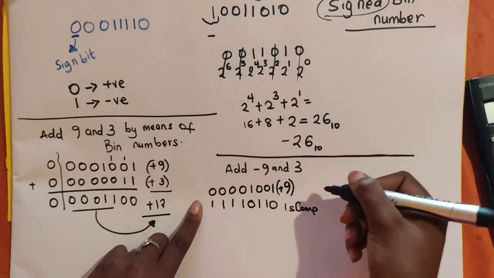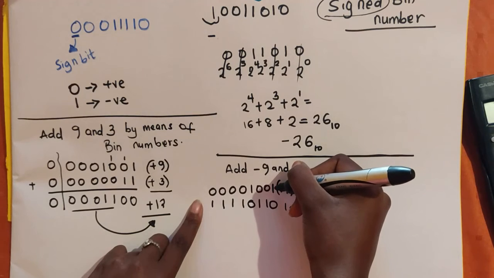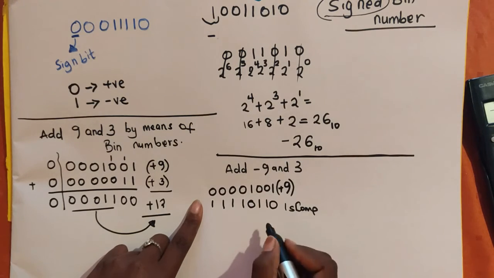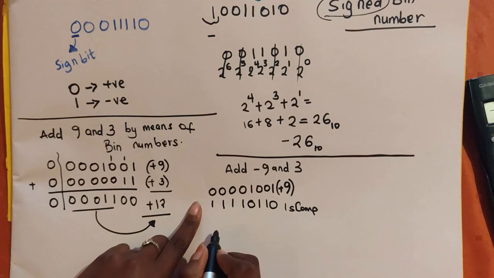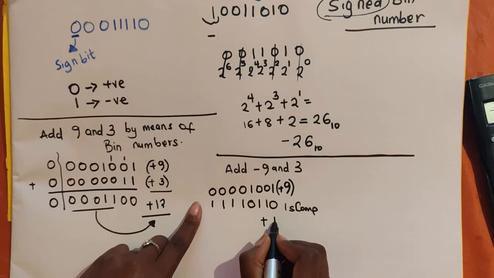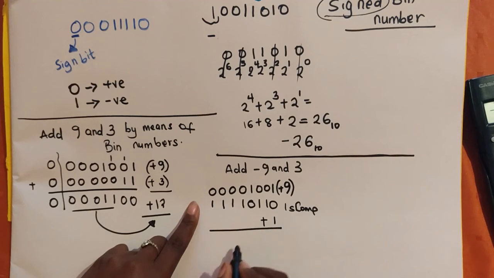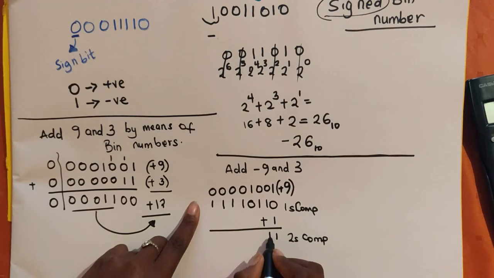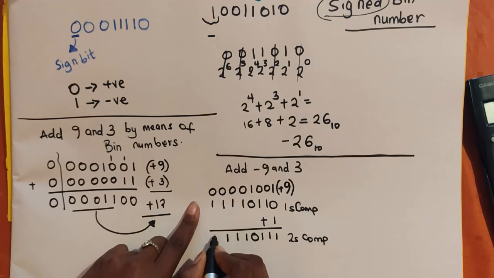Remember, 1's complement is just reversing. If this is 1, let it be 0. If this is 0, let it be 1. So that's 1's complement. Then we proceed to changing this to 2's complement by adding 1. So it's 1 1 1 0 1 1 1 1.